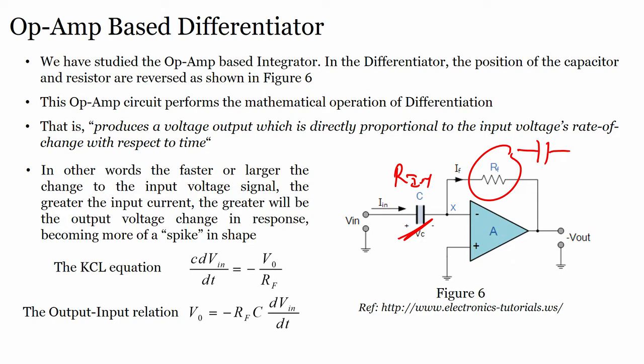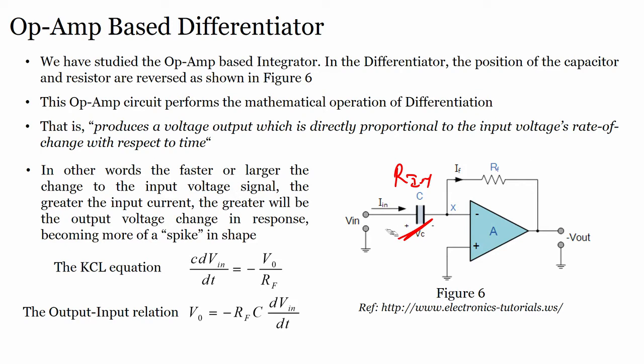You cannot forget this circuit because it is super easy to remember. Integrator, feedback, capacitor; differentiator, input, capacitor. The input signal goes to the capacitor. In the integrator, the feedback resistor is replaced by the capacitor. To reduce the drift, we use the feedback resistor across the capacitor.